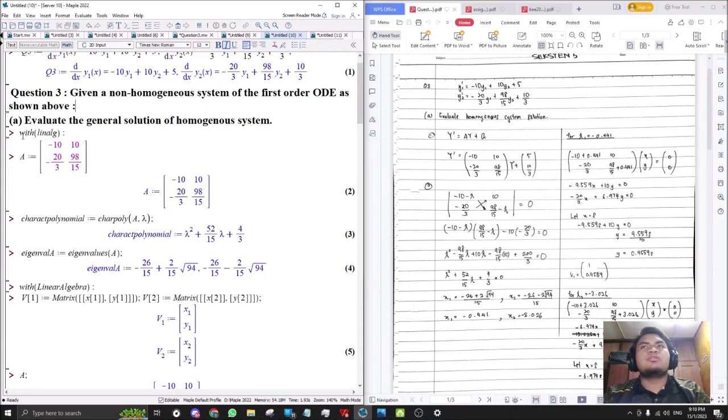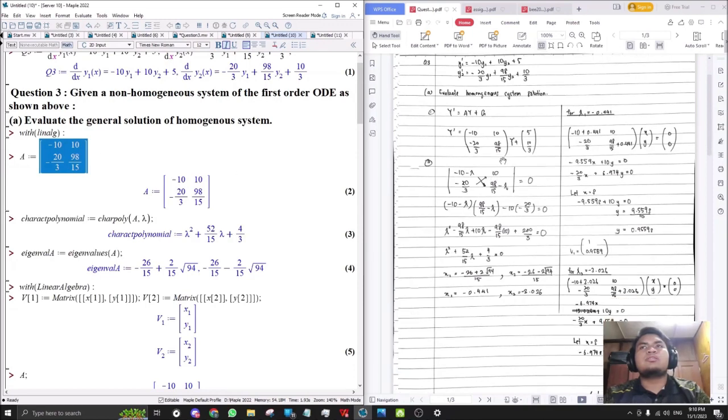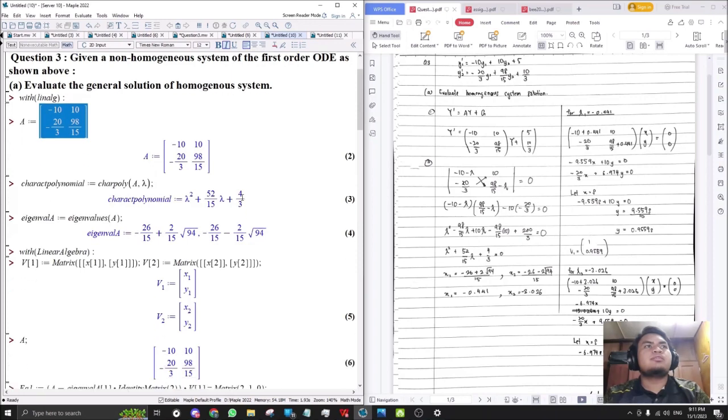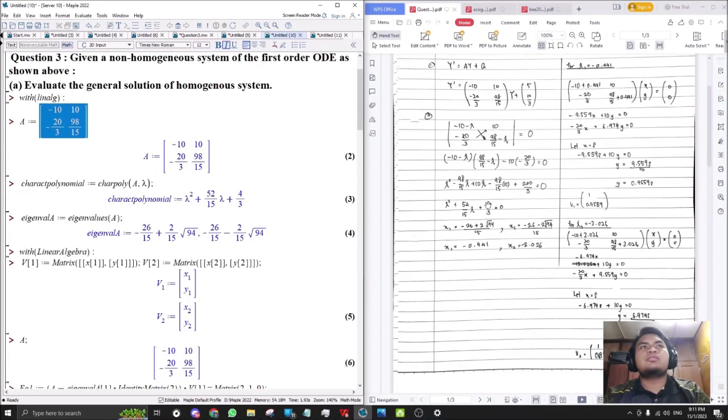For the simulation with linear algebra, just enter the question here. It's just the same with the manual calculation, and then write down the characteristic polynomial, just the same with the manual calculation.